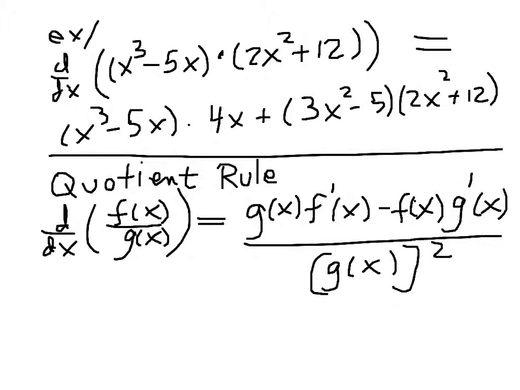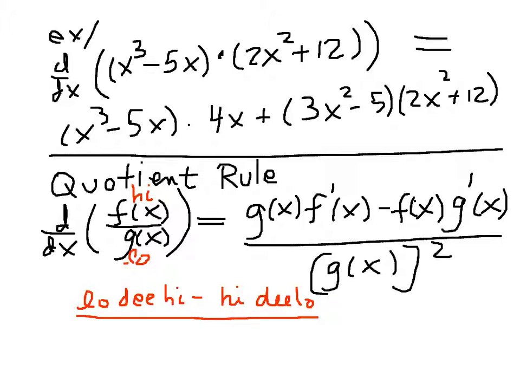Okay, now we do have a way to remember this. If we think of this as being the function on the bottom, which we'll call low, and this the function on the top, which we'll call high, then the quotient rule comes out to be low d high minus high d low all over low squared.